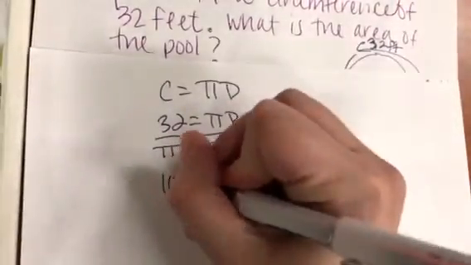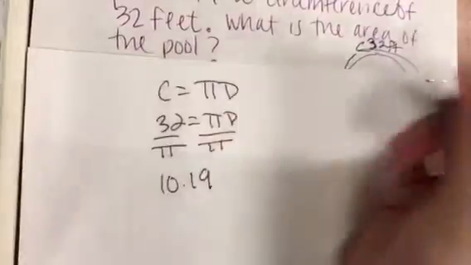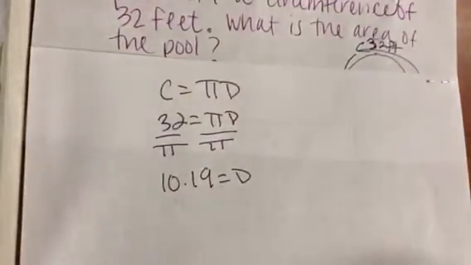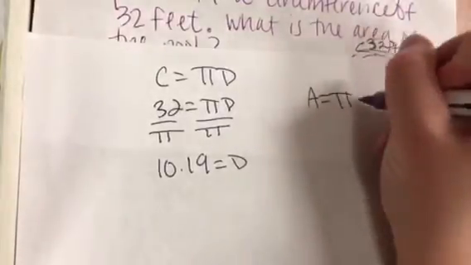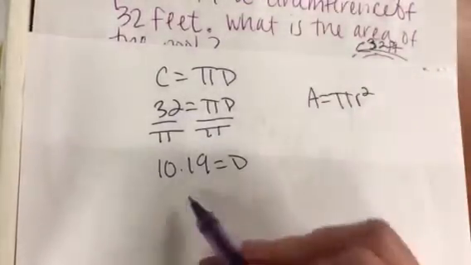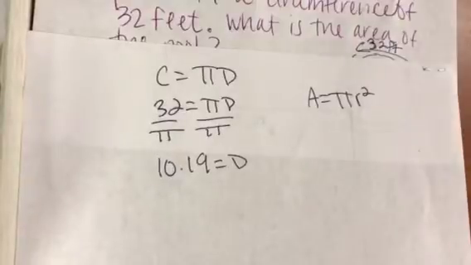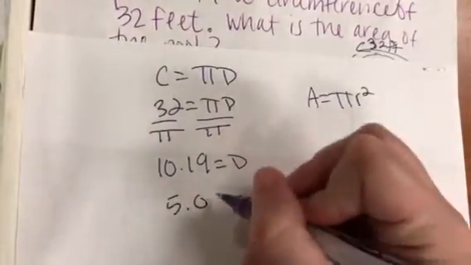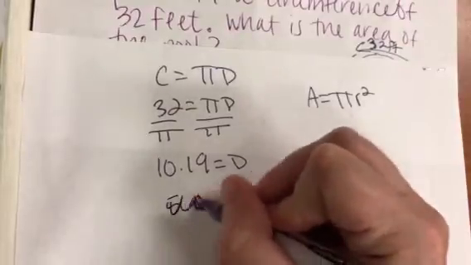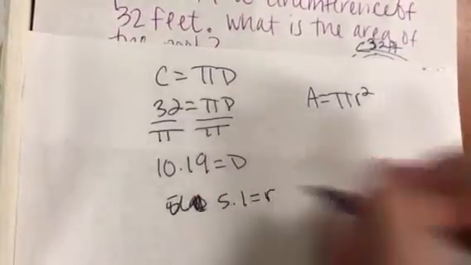So we're at 10.19 equals diameter. So now we're looking for the area. So I need area equals pi r squared. I need my radius. How do I get my radius if I have my diameter? Divide by 2, and that gives me 5.1 equals my radius.